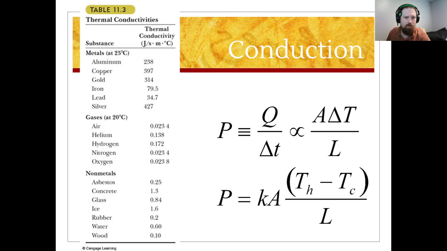Certain windows that have better insulative properties than others, rather than being a single pane of glass, are actually two separate panes of glass with an air gap between them.